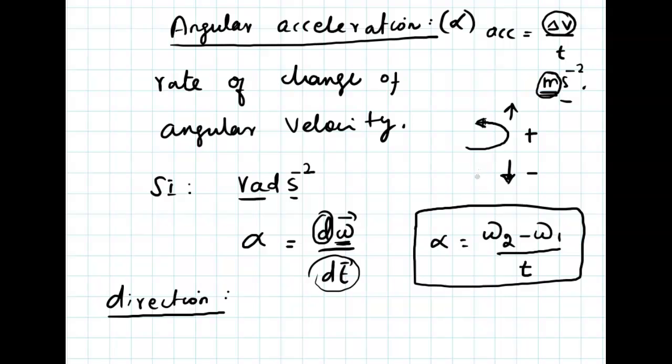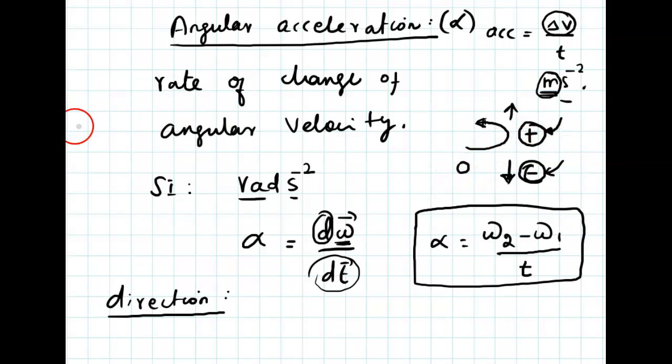The direction of angular acceleration is given by the right hand thumb rule. If the angular velocity is increasing, then the angular acceleration has the same direction as that of angular velocity, that is positive. If the angular velocity decreases, then the angular acceleration is in the opposite direction of angular velocity, it is negative. For uniform circular motion, angular acceleration is 0.